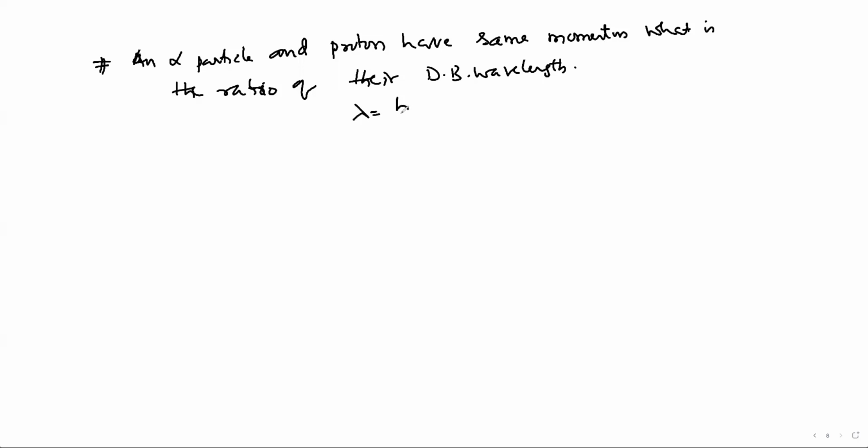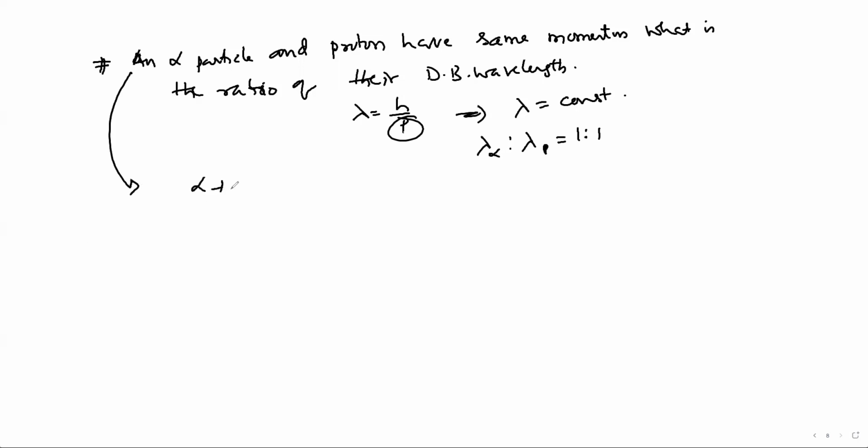We know the de Broglie wavelength is h by p. p is the same, so lambda is also constant. The de Broglie wavelengths of alpha particle and proton are in the ratio 1:1.